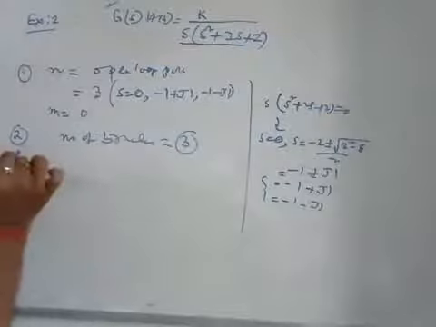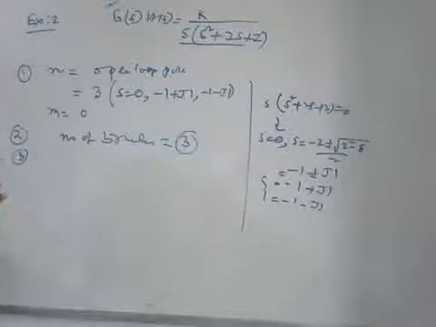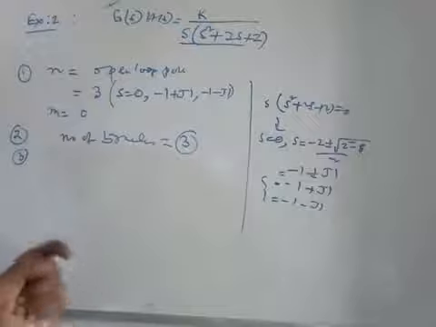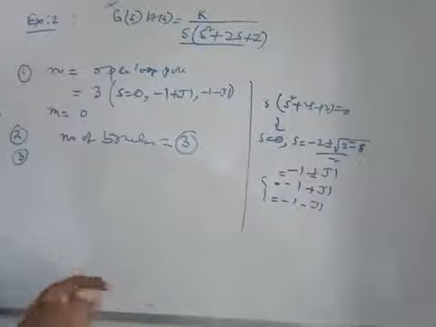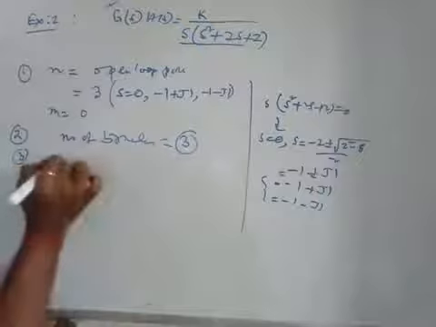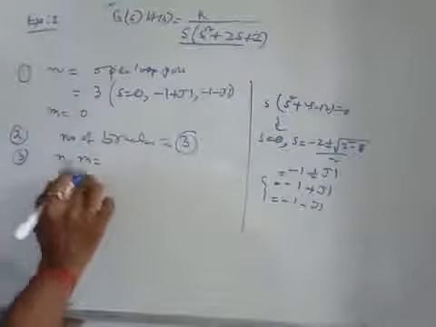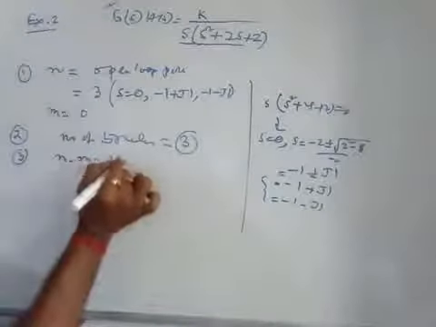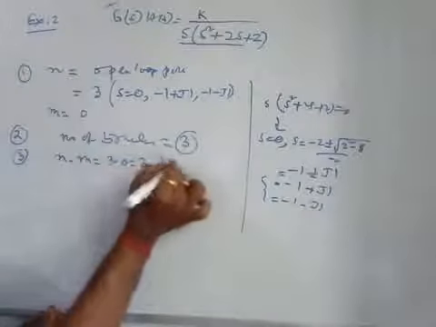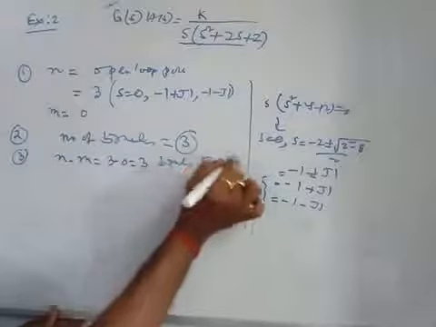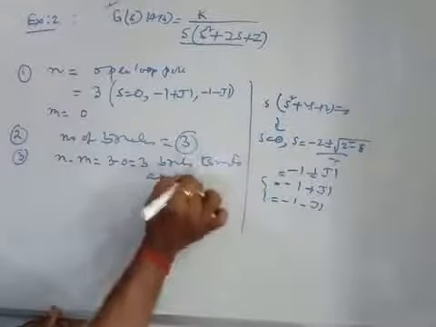Next step, what is the number of branches terminating at infinity? The number of branches terminating at infinity equals the number of poles minus the number of zeros, n minus m. Because there is no zero, it is 3 minus 0, so 3 branches terminate at infinity.